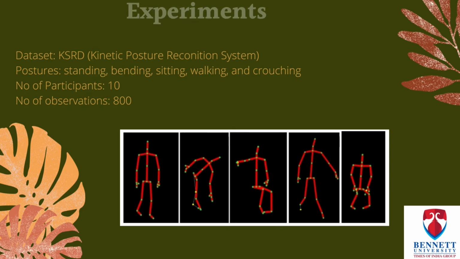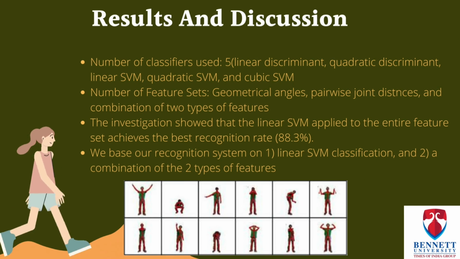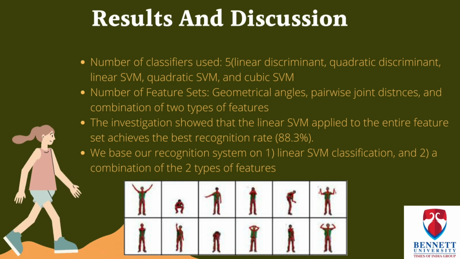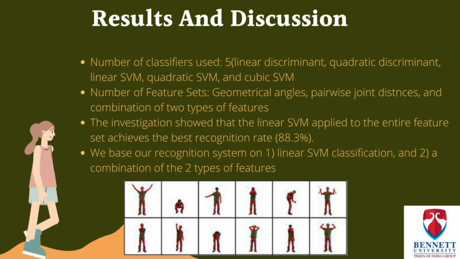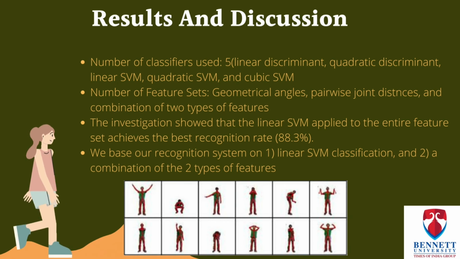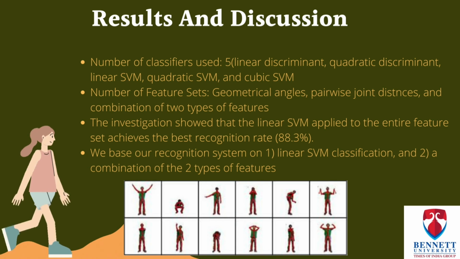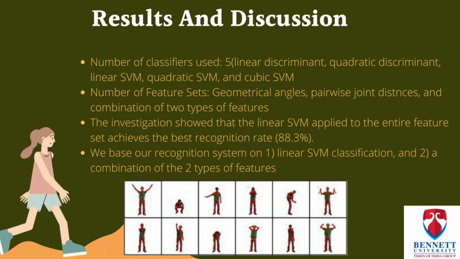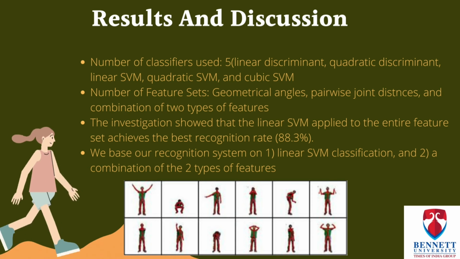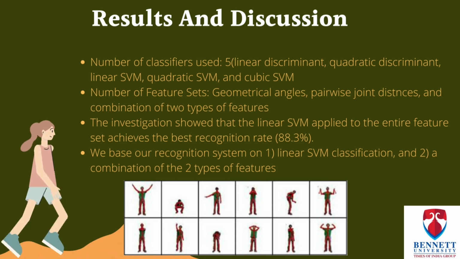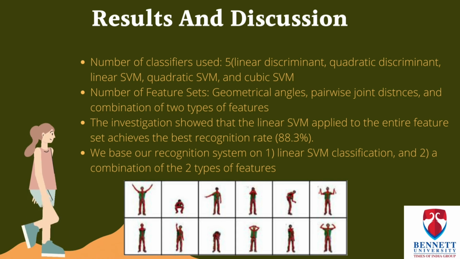Now, coming towards results and discussion. We designed our experiments in order to analyze the performance of our method according to several aspects. The first set of experiments aimed to identify the optimal choices regarding the two main components, the feature set and the classification method.